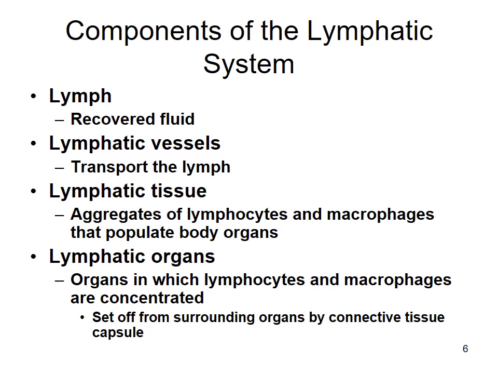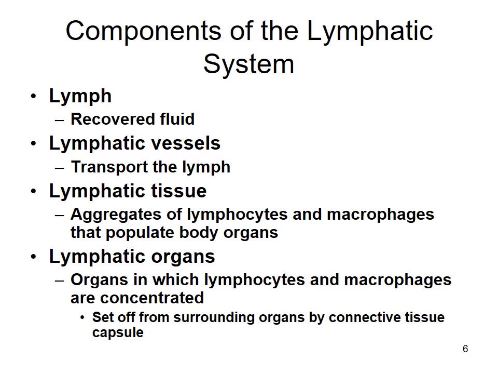Now, a tissue, as you know, is just a collection of different cells. What we're going to talk about is that there are certain parts in the body where you'll have groups of white blood cells that aggregate together. These will then be different lymphatic tissues.